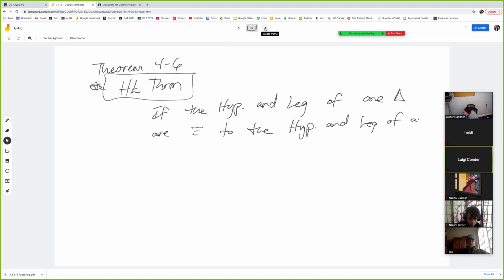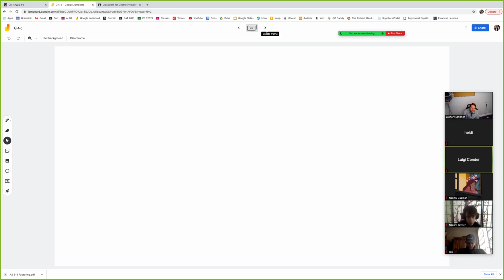So, if we can prove that it is a right triangle, and if we can prove that the hypotenuse and the leg of one are congruent to the hypotenuse and leg of another, then we can say that the two are congruent.